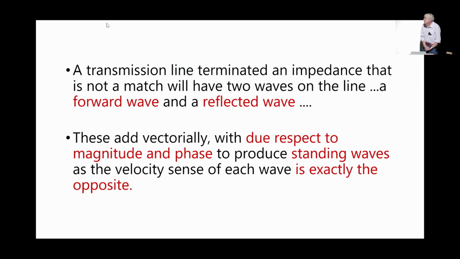Well, when we have a mismatch, we get a forward wave and a reflected wave on the transmission line, and they add together to produce standing waves, which are due to the fact that the vector addition of the velocities is equal to 0, and therefore you get the peaks and troughs.